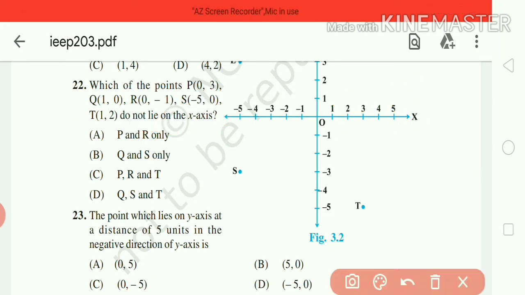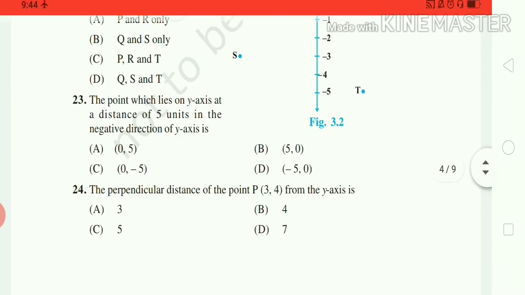Let us check. This will not lie on the x-axis, this will lie on the x-axis, this will not lie on the x-axis, and this will lie on the x-axis because y is 0 here. So only P and R are the 2 points that do not lie on the x-axis.